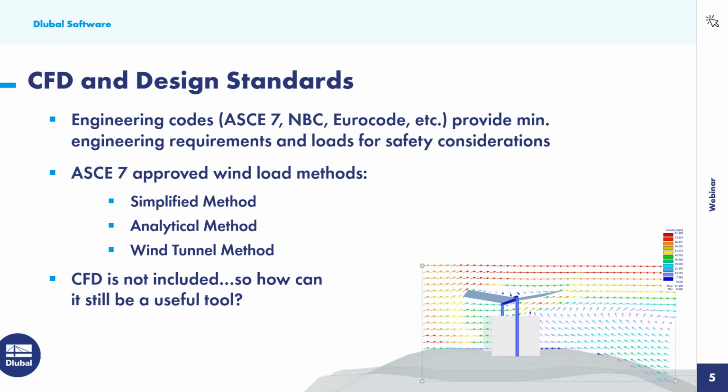The first is the simplified method. This should be used for very simple, symmetric, and short structures. The analytical method is for any structure that falls outside the simplified, but is still considered a regular structure. And finally, we have the wind tunnel method. This is for all structures that fall outside simplified and analytical and really are for irregular structures.